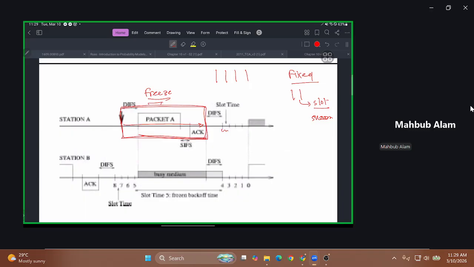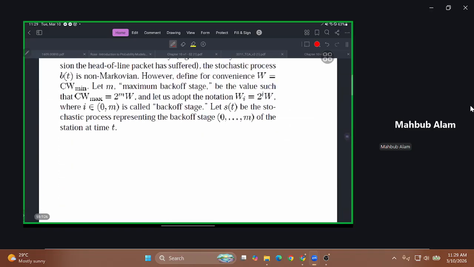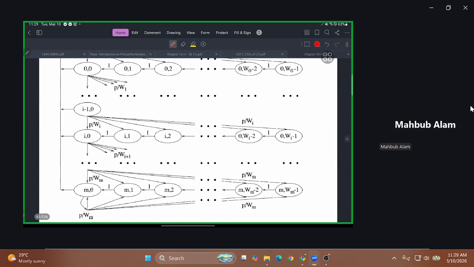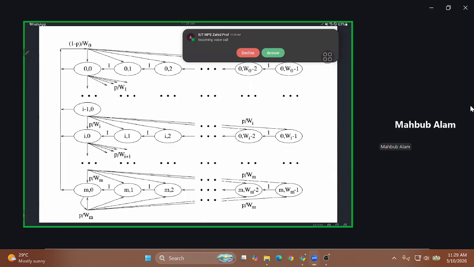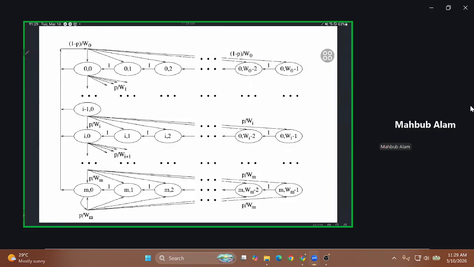Now, before we finish the class, let me introduce the diagram. We will start with this one in the afternoon session. This diagram is a very simple one.